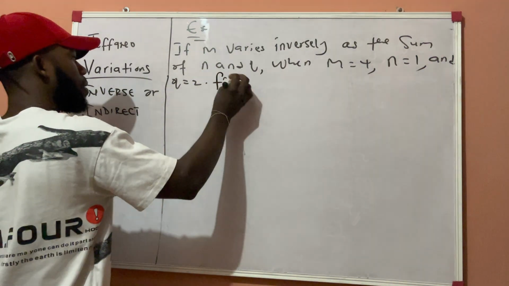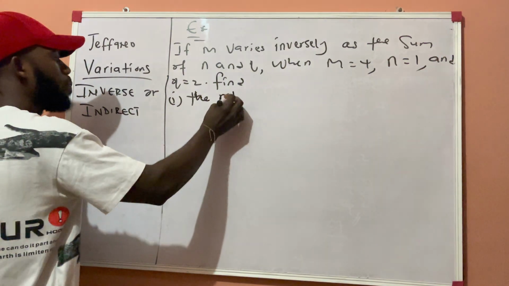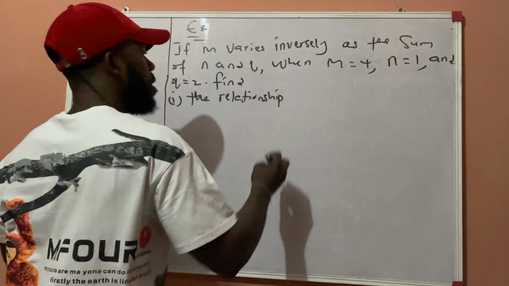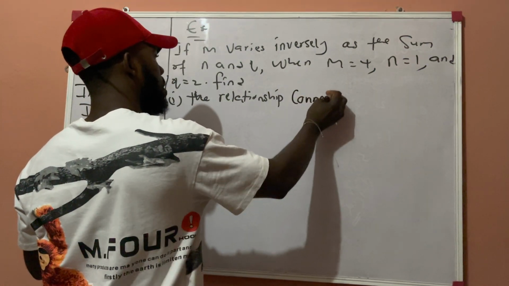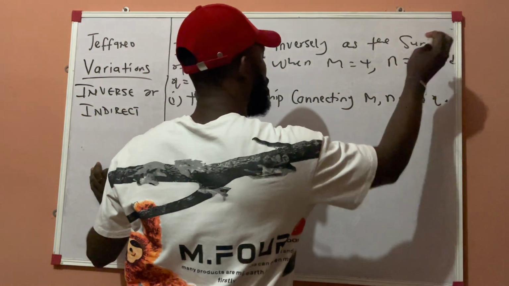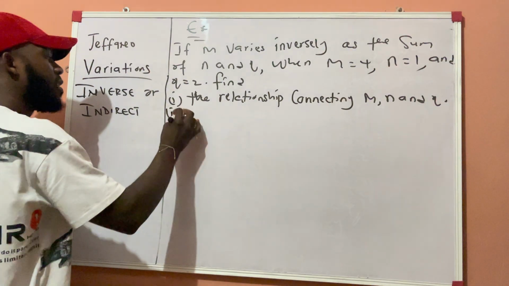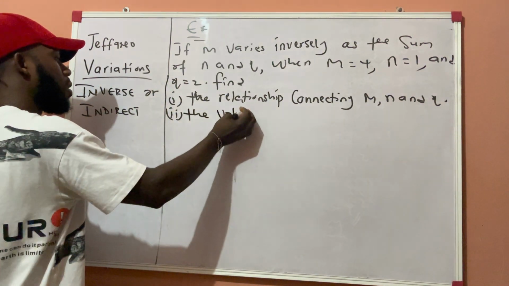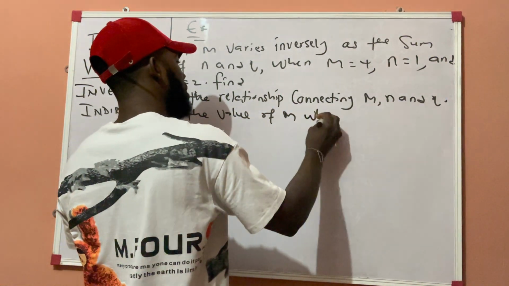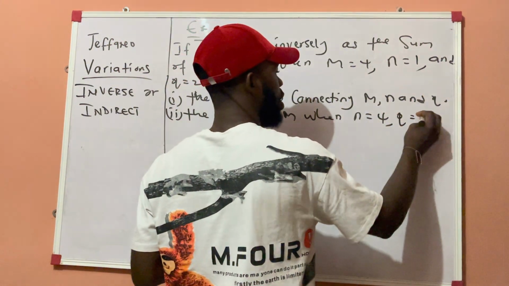Find Roman figure 1, the relationship connecting m, n, and q. Roman figure 2, find the value of m when n is 4 and q is 3.